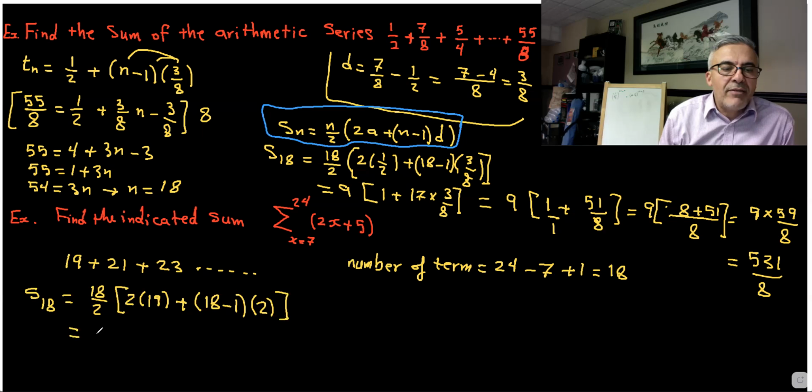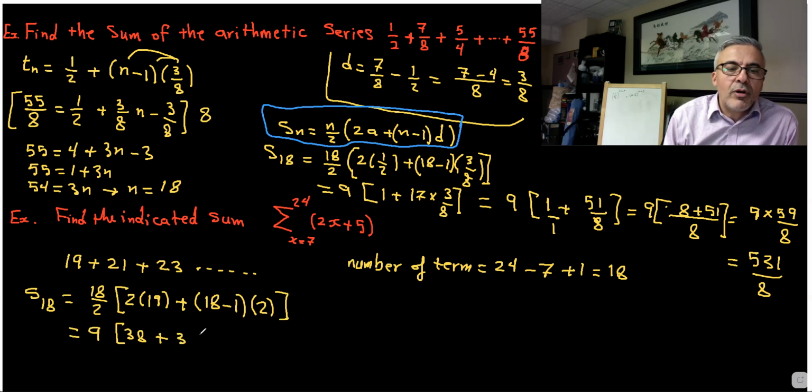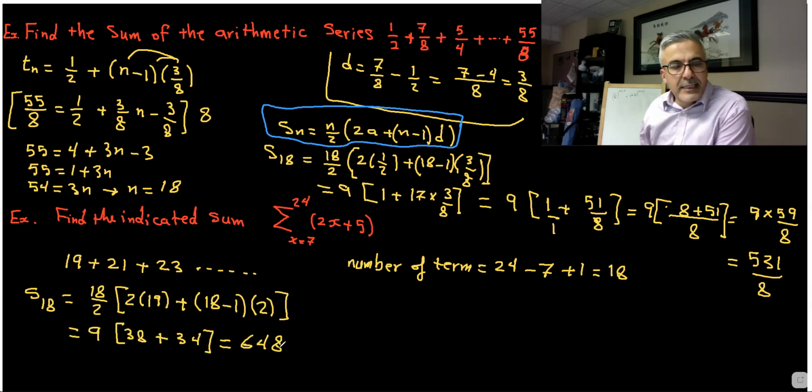And therefore, we have 9 times, 2 times 19 is 38, plus 17 times 2 is 34. So now 38 plus 34 times 9 equals, so the sum is 648.